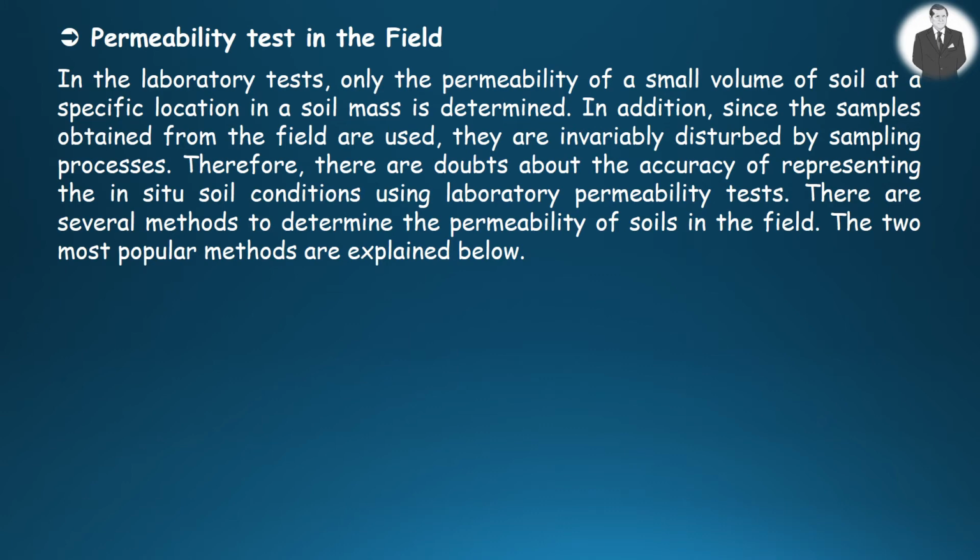For those reasons, there exist doubts about the accuracy of laboratory permeability tests. There are several methods to determine the permeability of soils in the field. Two well-known of them will be explained to you.